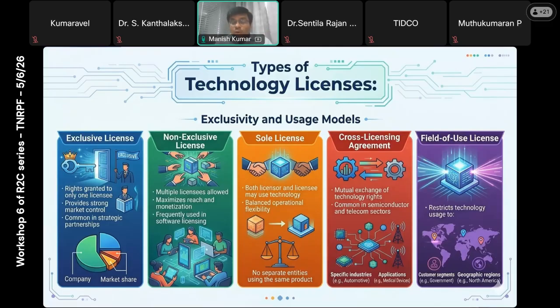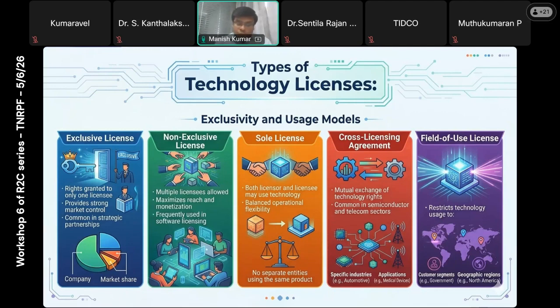The other way is a sole license. Sole license is when, for example, you are a startup or a spin out, or even an individual inventor. You want to give it to a company, but at the same time, you want to continue doing it yourself also. For example, you are producing certain material, like maybe a magnetic material, some new alloy you have created. You are giving it to a company who only wants to use it for, let's say, motors.